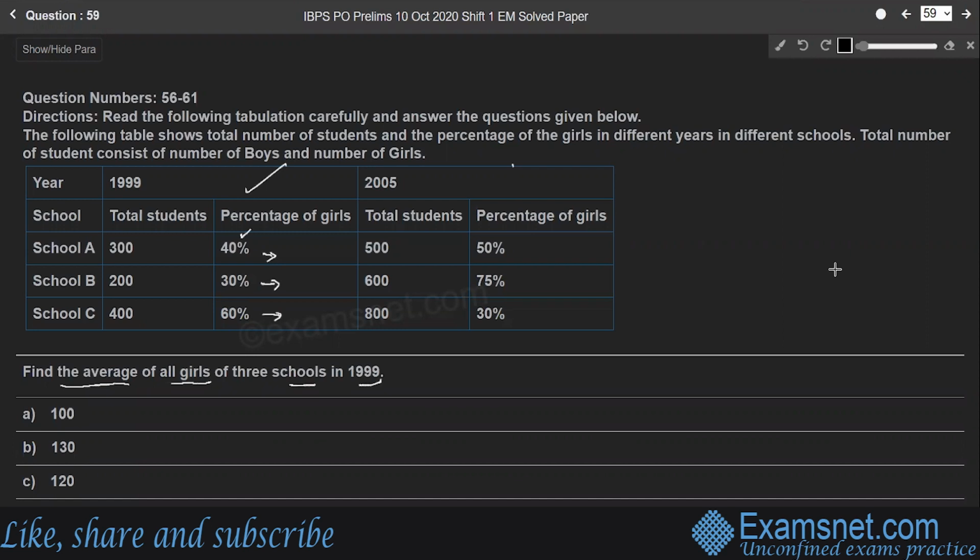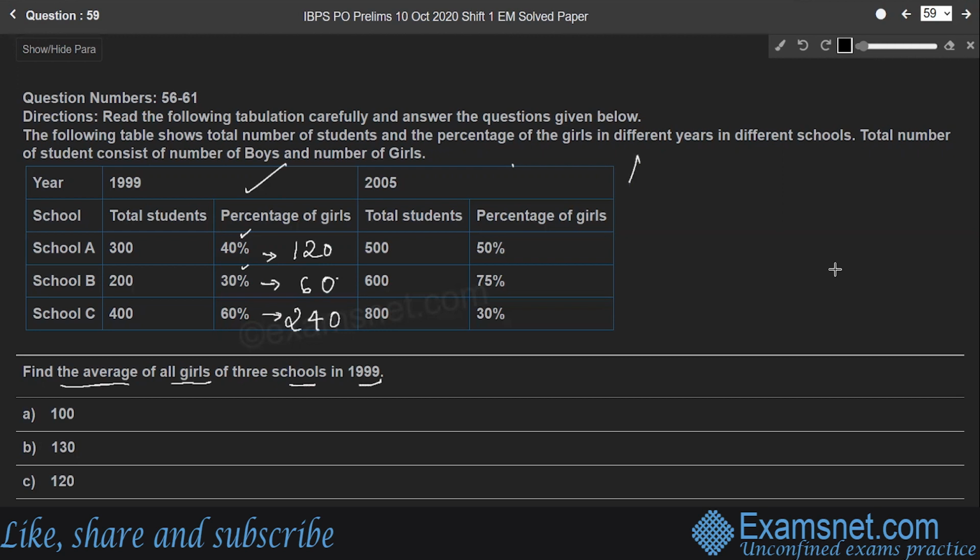Therefore, out of 300, so 40 into 3, you will get 120. So there are 120 girls in school A and in school B, 30 into 2, so 60 girls in school B. Whereas in school C, there are 60 into 4, 240 girls in school C.